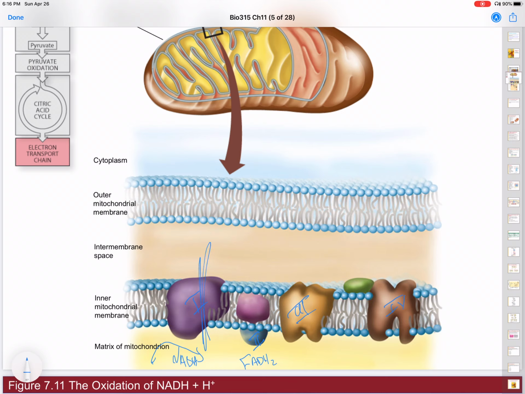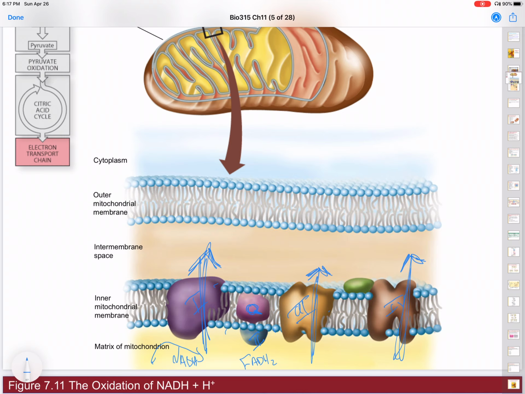And then with that flow, protons will flow through into the intermembrane space in complexes 1, 3, and 4. Since complex 2 is a peripheral protein, it's not transmembrane, it can't directly pump protons through into the intermembrane space.